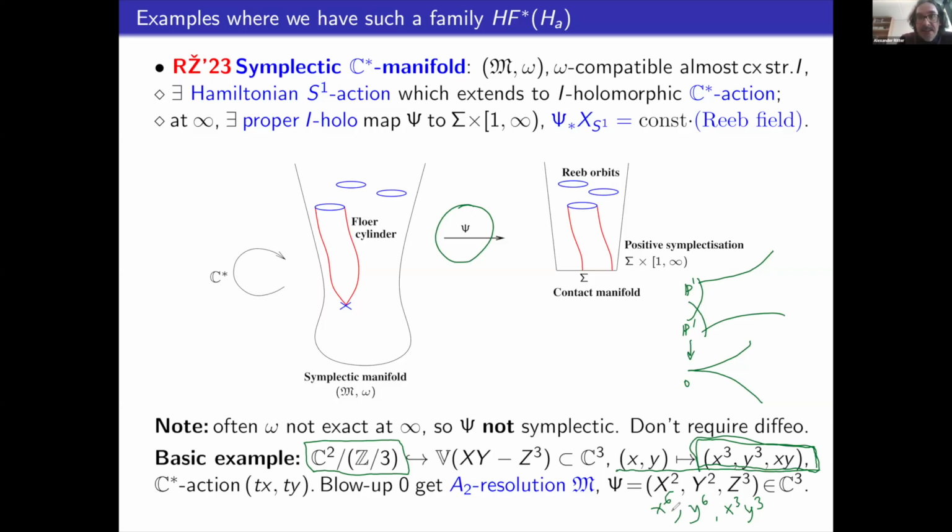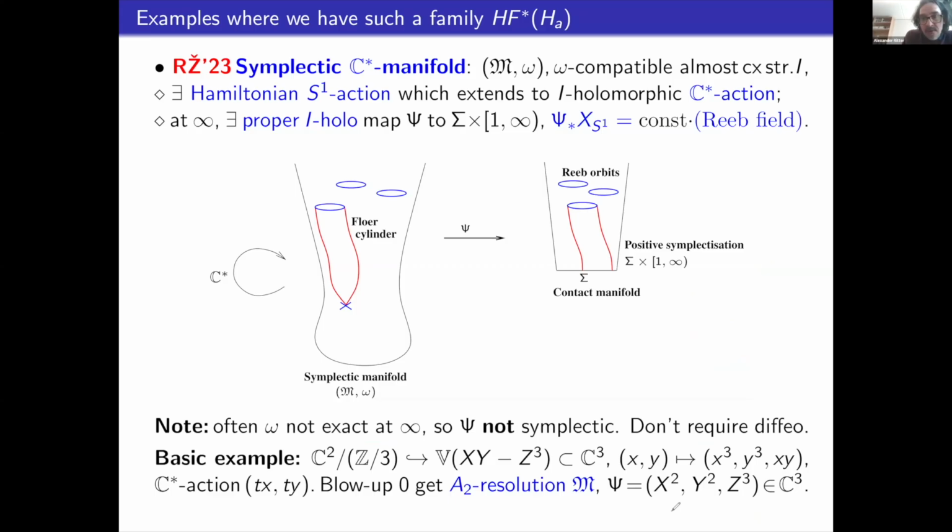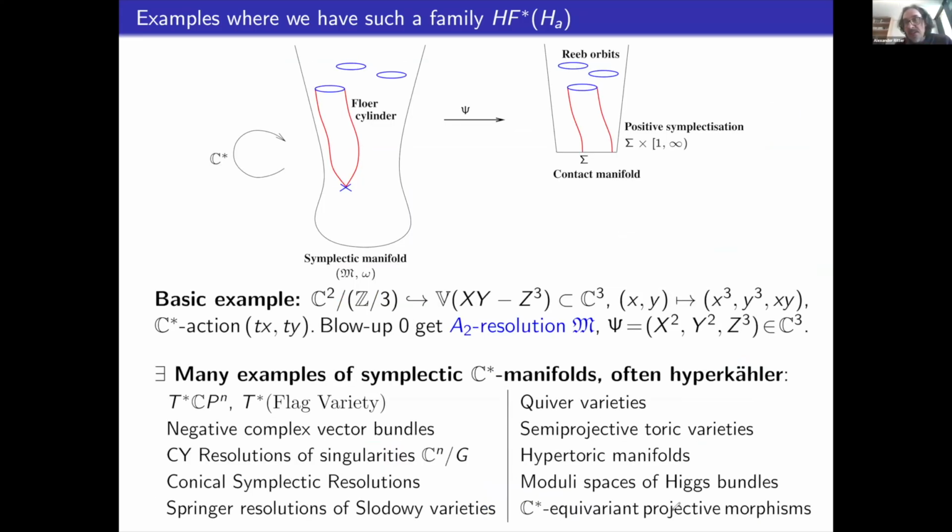So here I've written a list of examples, many of which naturally arise from algebraic geometry. So we have cotangent bundles of CPN, cotangent bundles of flag varieties, negative complex vector bundles. Then the examples I just showed you, which are Calabi-Yau resolutions of quotient singularities. Then there's a large class of examples called conical symplectic resolutions.